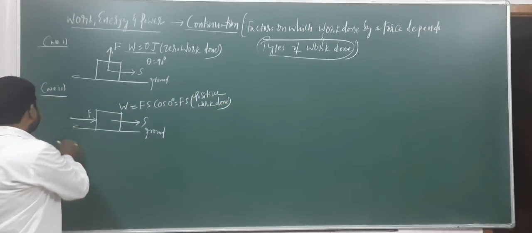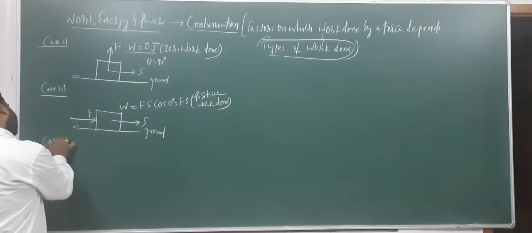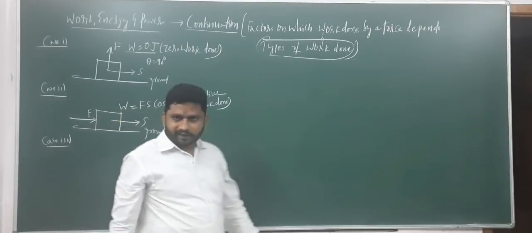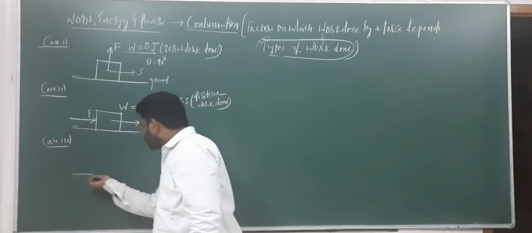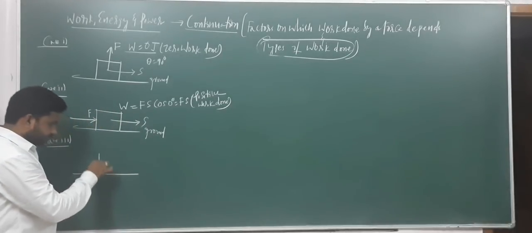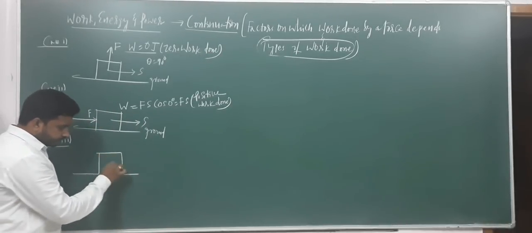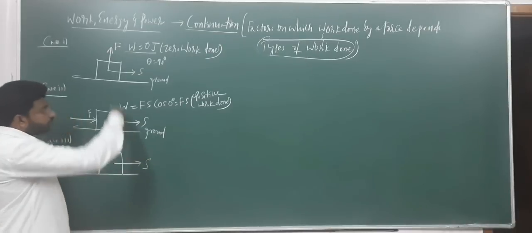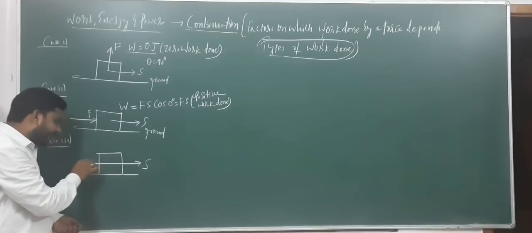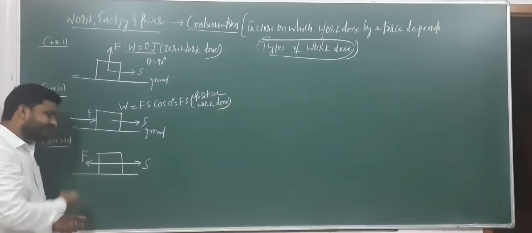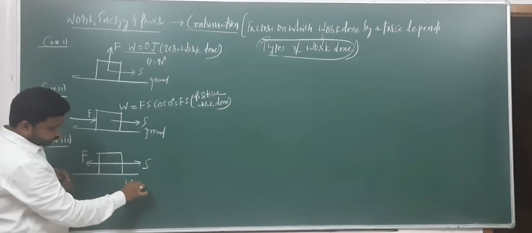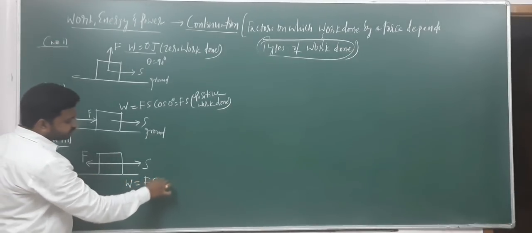Now, case 3, let me take case 3. Let me draw the diagram. So this is the ground, what I have considered. Here, this is the body. The displacement direction, as I've told you, I'm taking along the same direction. Now, the force direction is opposite to the displacement. In this case, work done by this force is equal to F into S into cos theta.